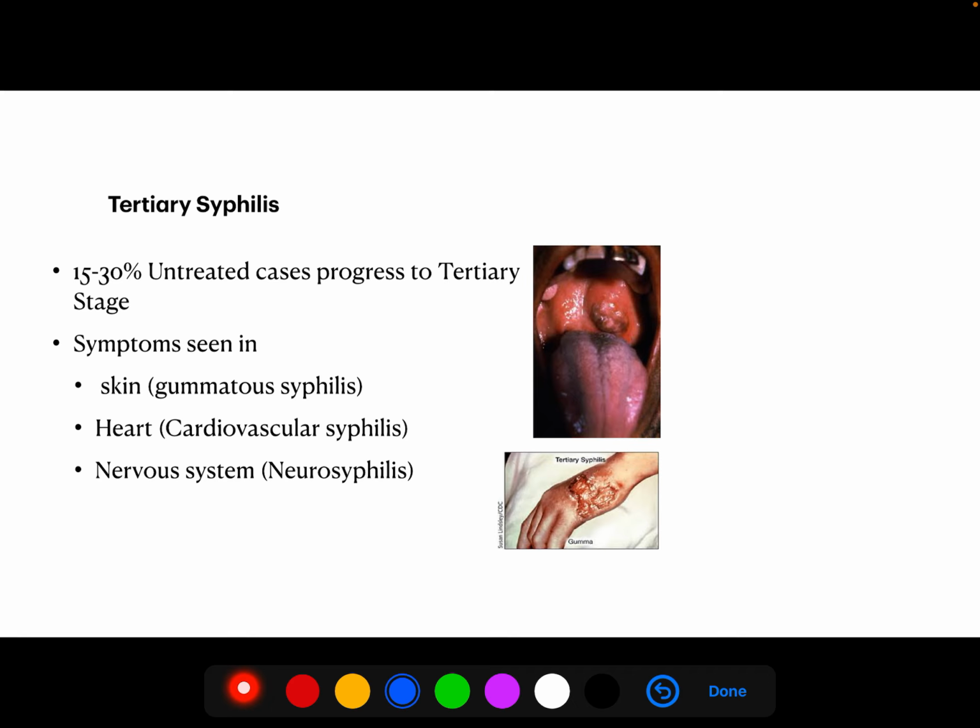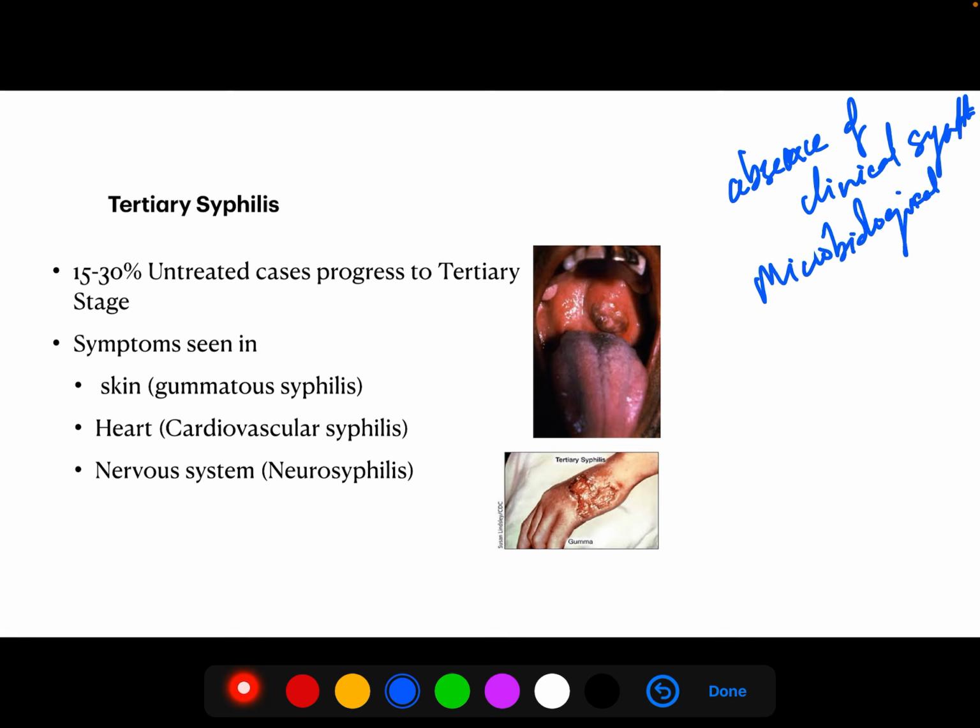The latent phase actually is the absence of any clinical symptoms, but it is microbiologically active. Hence, serological tests are positive.